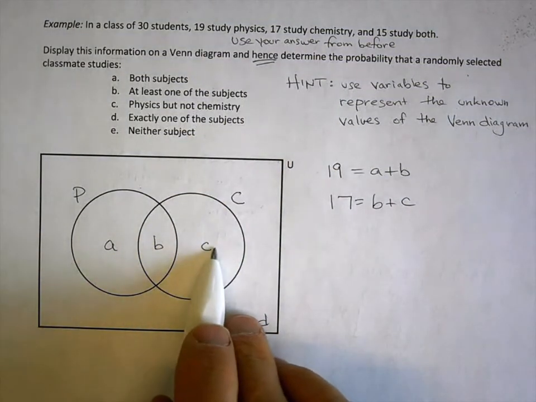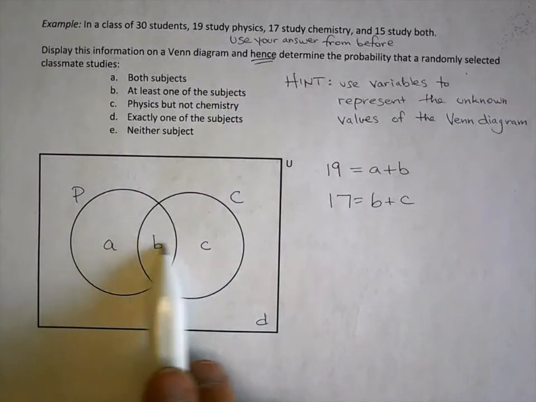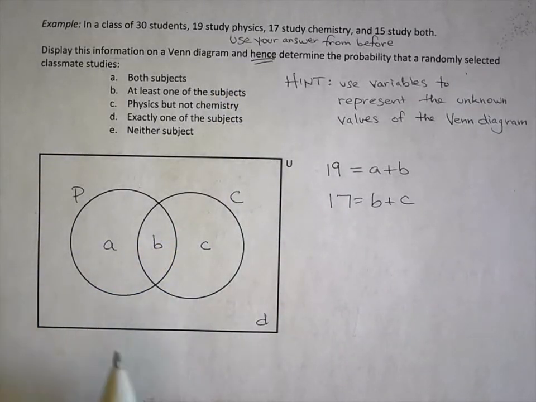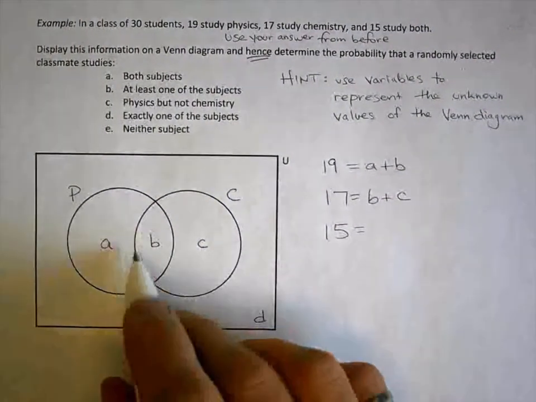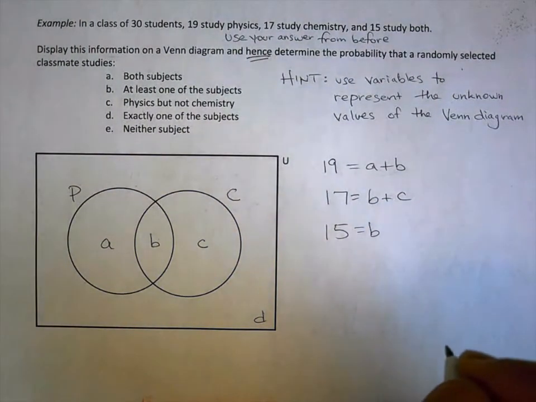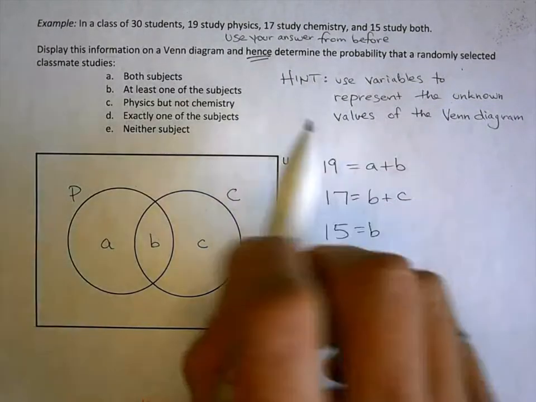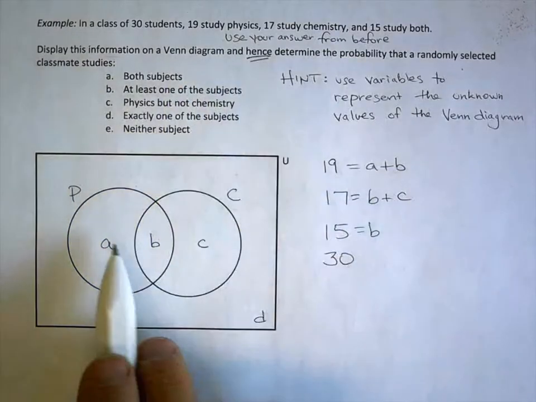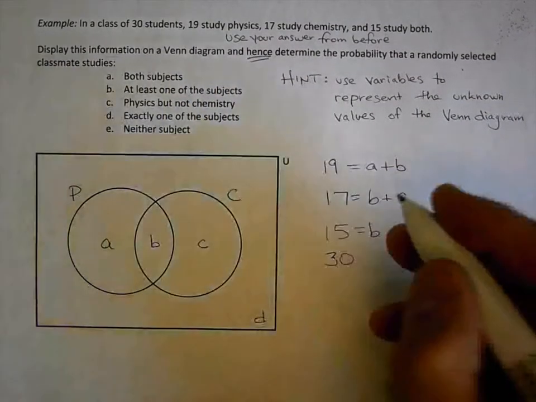C is the students who study only chemistry. But if I'm saying students who study chemistry, I'm talking about all of them. 15 study both. Well, both would be these students, B. And the last number we were given was 30. That's the total number of students, so A plus B plus C plus D should give me 30.